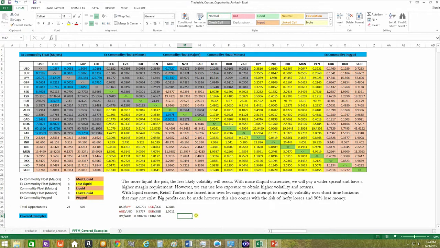Now, what if we looked at a different situation, the US dollar Sing dollar and the euro Sing dollar exchange rates? What if we wanted to get the euro dollar rate from these two exchange rates?